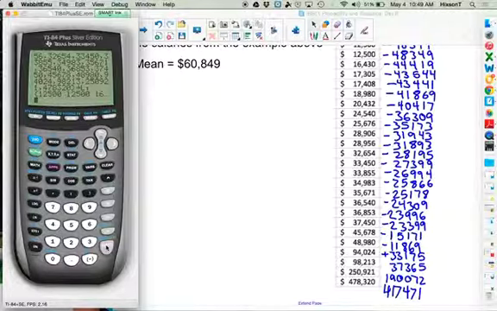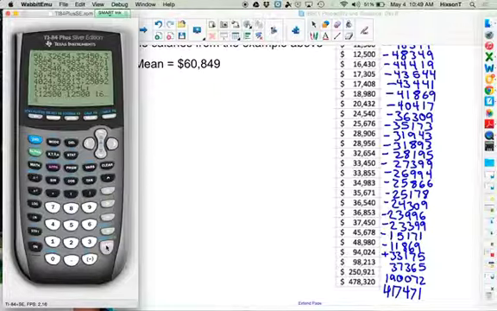What did we do to get the second column? We subtracted the mean from each score. So what you can do here is subtract that 60,849 from each of the elements of our list.